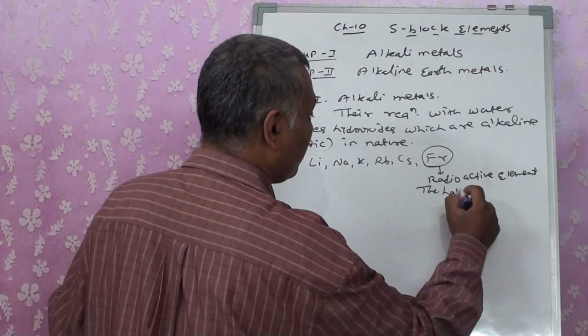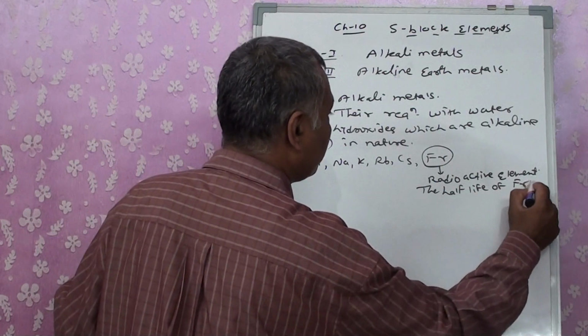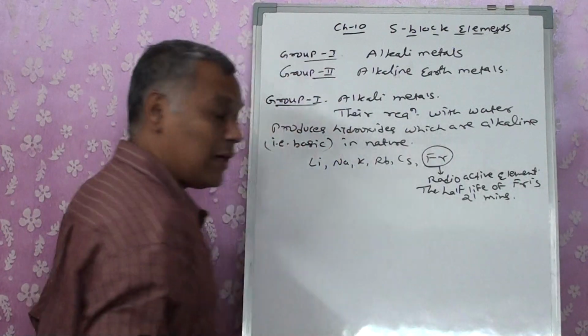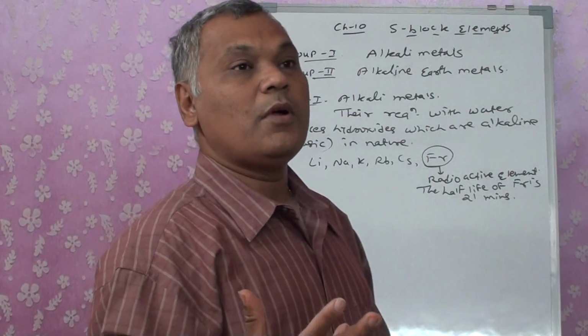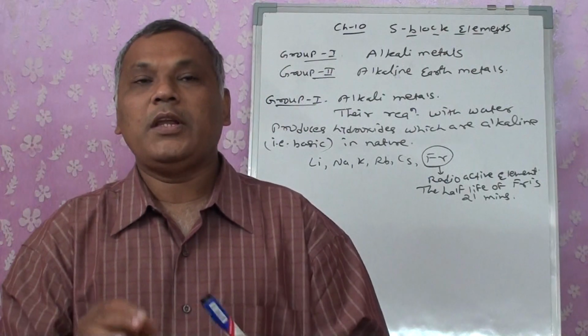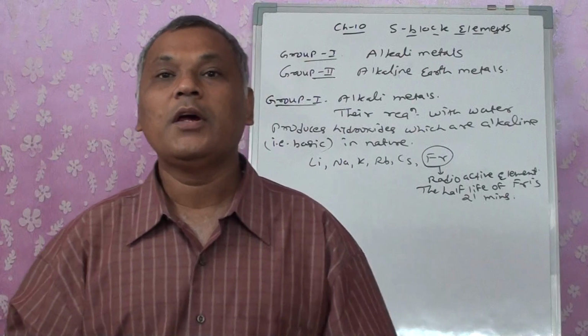The half-life of francium is 21 minutes. That is, if you take 1 kilogram, after 21 minutes you would have only 500 grams, without any chemical reaction or external work done on it.